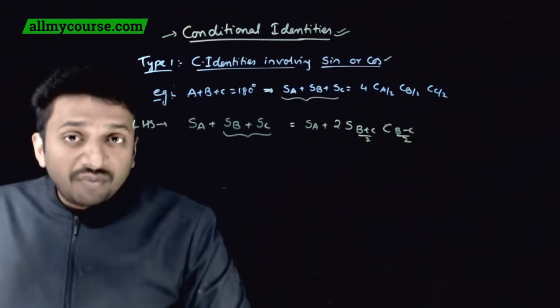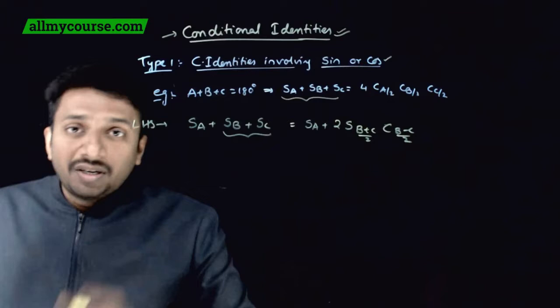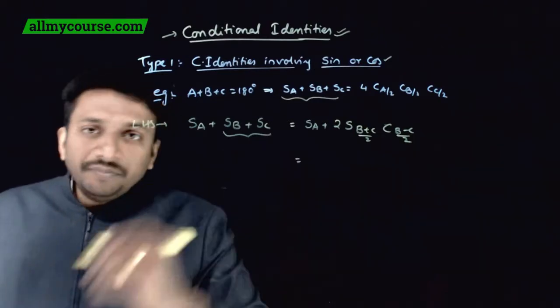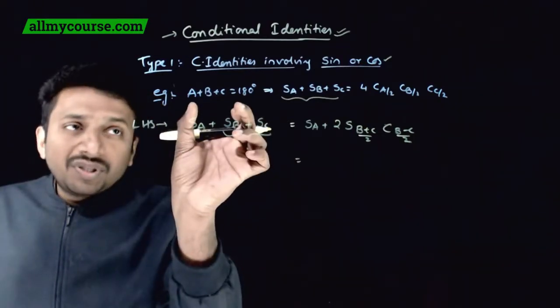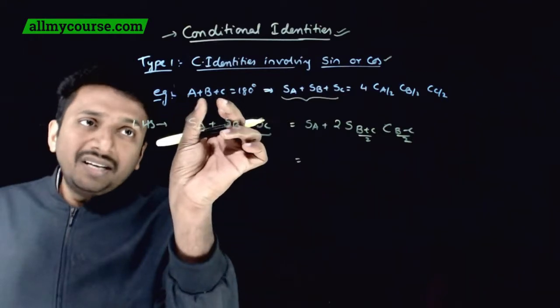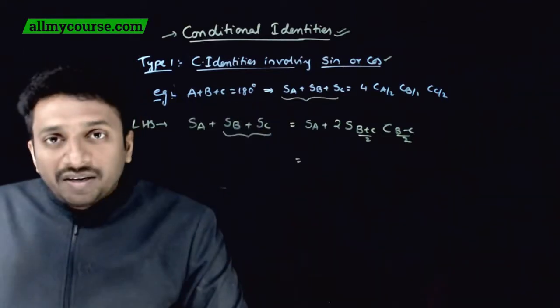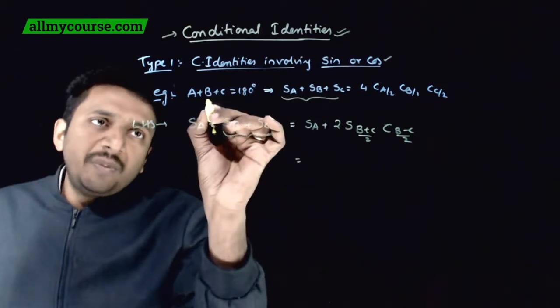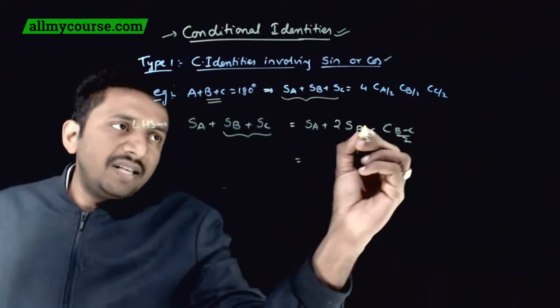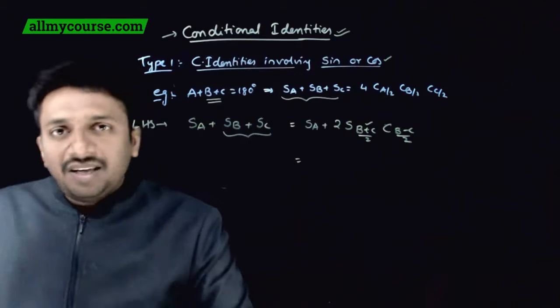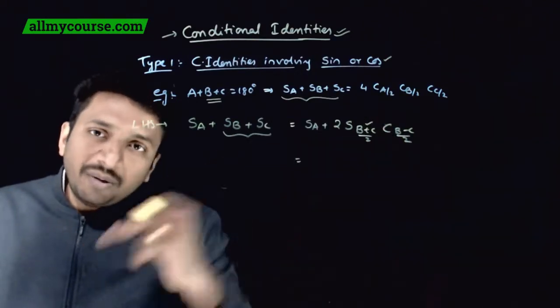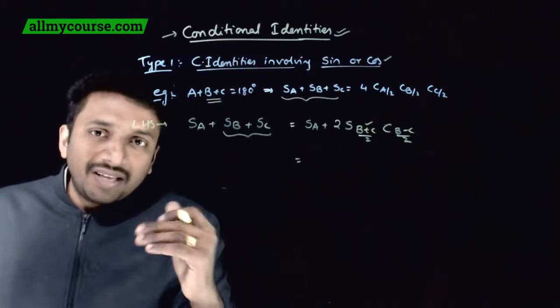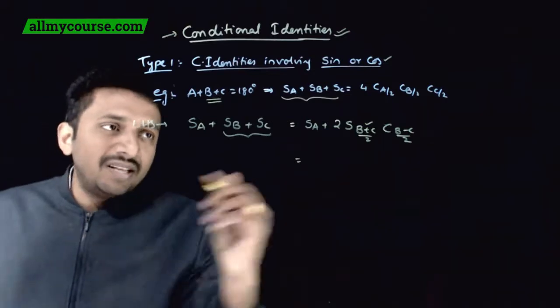I have used the transformation formula from sum to product. Now we use the condition that A plus B plus C is equal to 180 degrees. What is B plus C? B plus C is nothing but 180 minus A. And what is B plus C by 2? 180 minus A by 2, that is 90 minus A by 2.